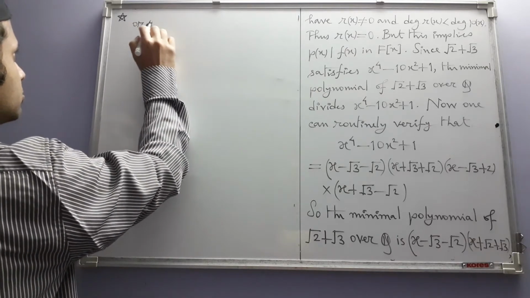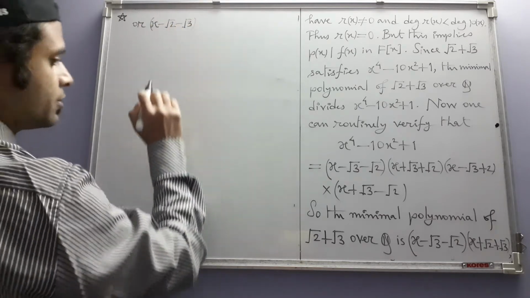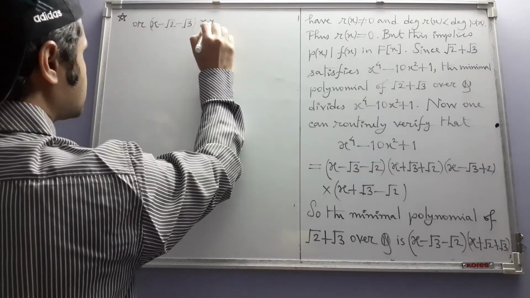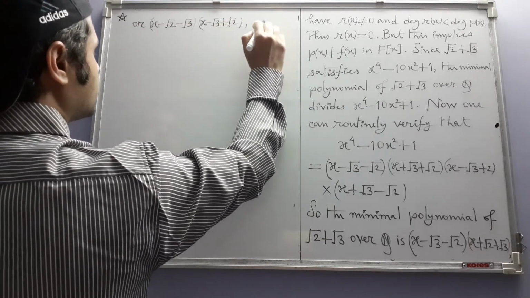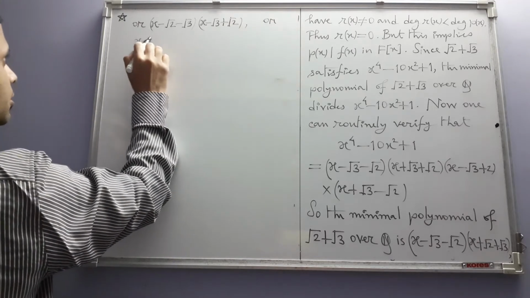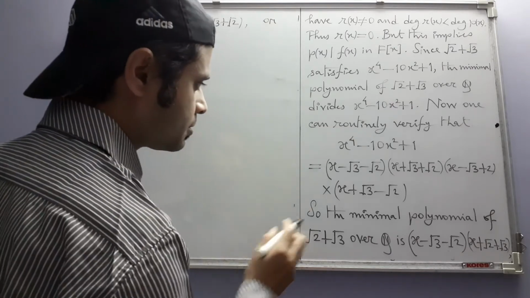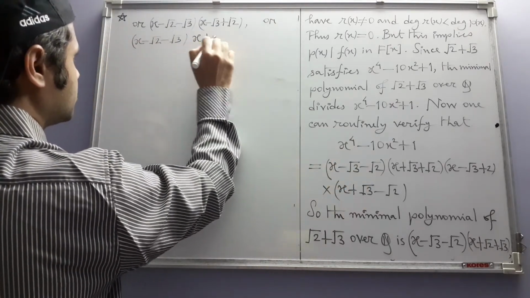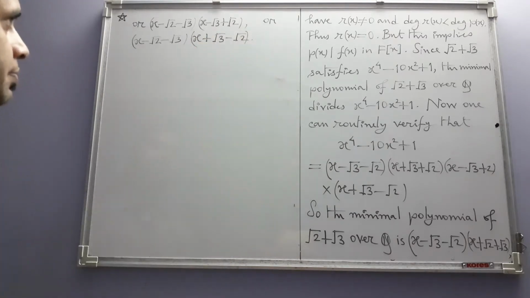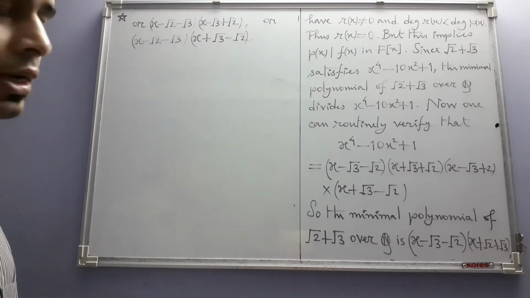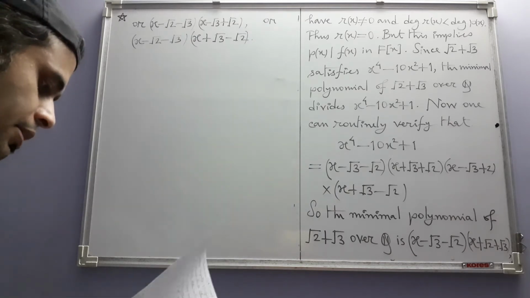Or x minus root 2 minus root 3 times x minus root 3 plus root 2, or x minus root 2 minus root 3 times that other one, x plus root 3 minus root 2. Keep in mind that according to our supposition, what was our supposition?